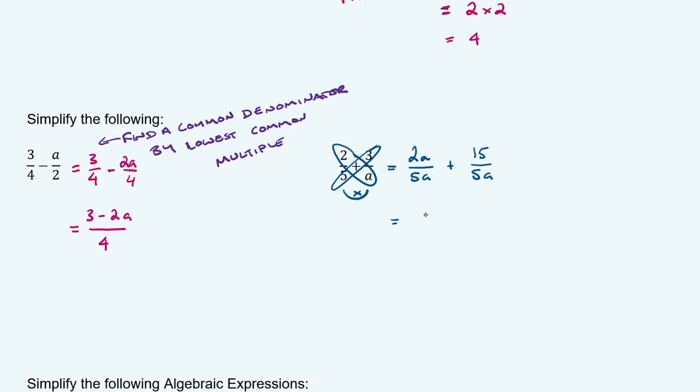When I add across the top, that's what I get. Now it looks like I should be able to do some cancelling out.